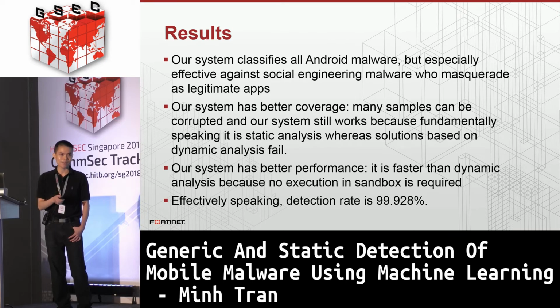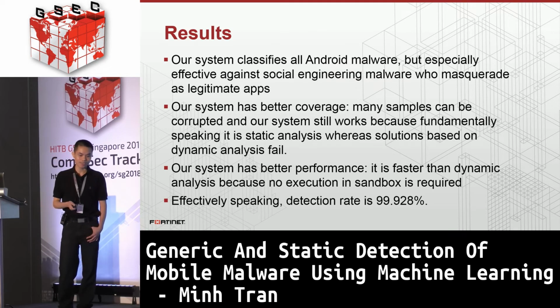And they cannot run for many reasons, not just because the sample is corrupted. As you may know, for example, Cuckoo Droid and various systems only support up to Android 4, but right now Android has gone to P or O, so the version number is way higher and the API level is also way higher, so they cannot run. That is one of the many reasons why dynamic analysis can fail.